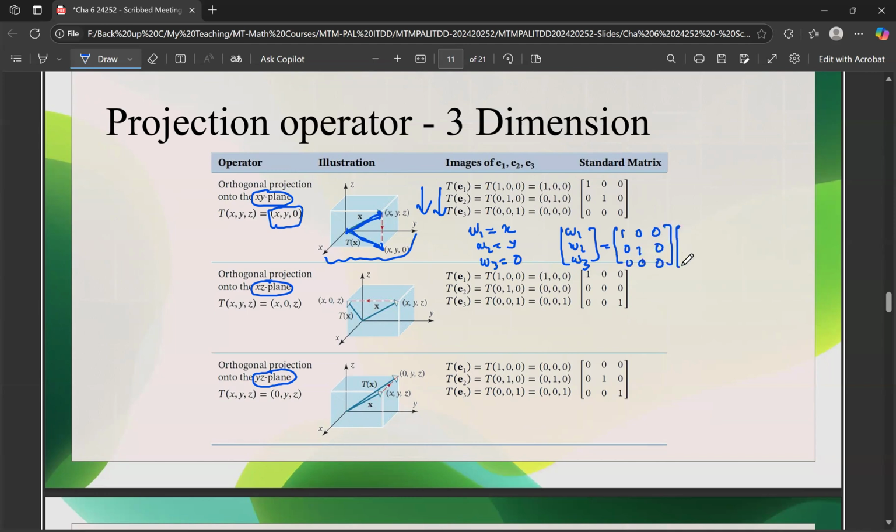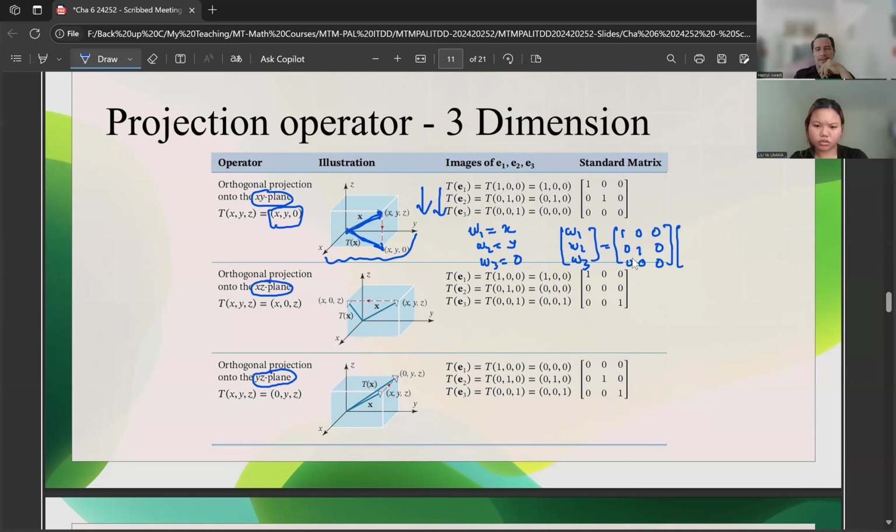And this is the vector X, Y, and Z. This is why we call it a matrix standard of this transformation. Jadi lihat polanya ya.